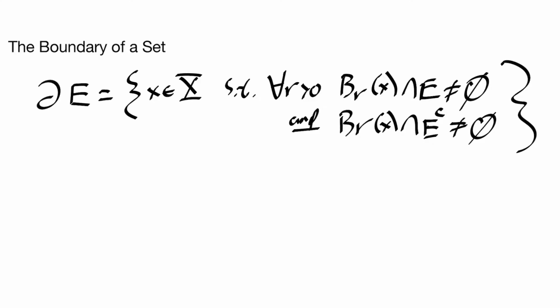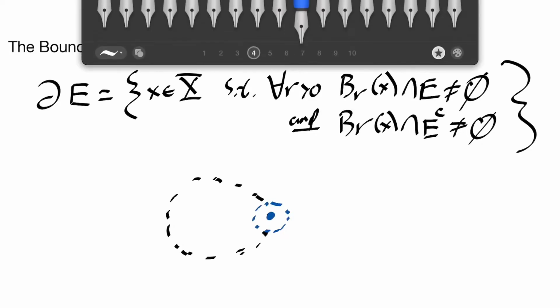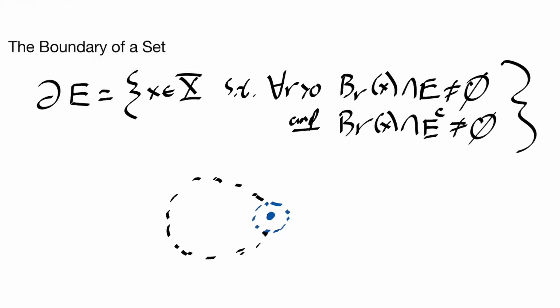And let's just think about what that means for a second. So if I just draw a picture, say I have a ball here, and I ask you, where's the boundary? Well, you'd probably say, oh, it's right over here on the edge. And notice what that means. If I draw a ball around it, I have two things. On one hand, I have a handful of points that intersect E, so points on the inside here.